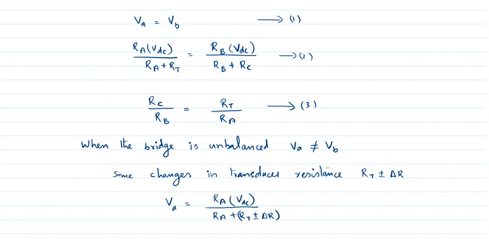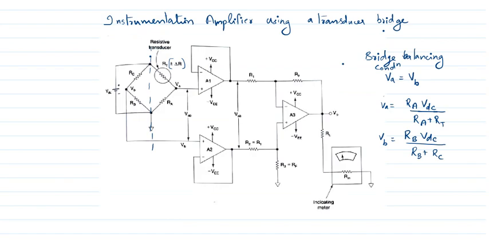And VB equal to RB VDC divided by RB plus RC. Consequently, the voltages VA and VB come to the differential amplifier, the instrumentation amplifier system. There is a differential voltage coming to the amplifier system.